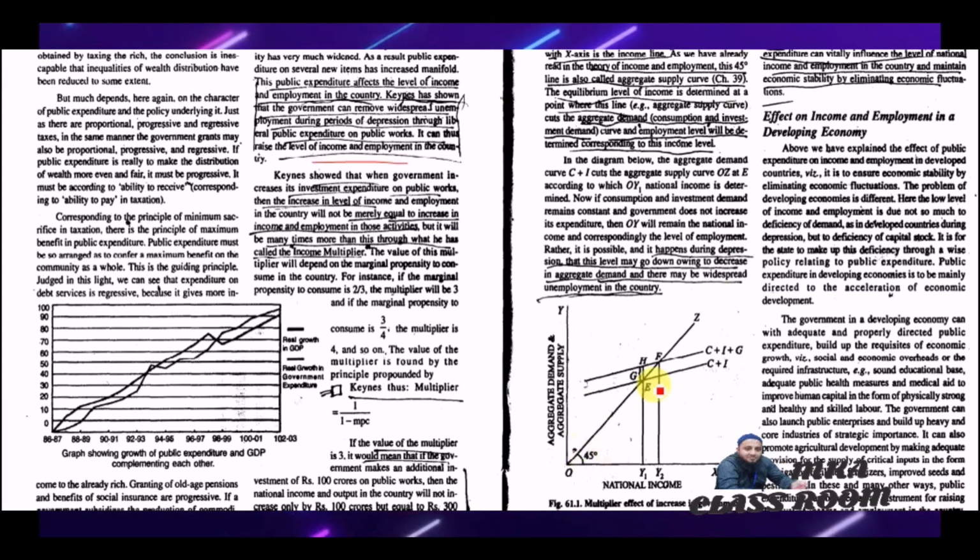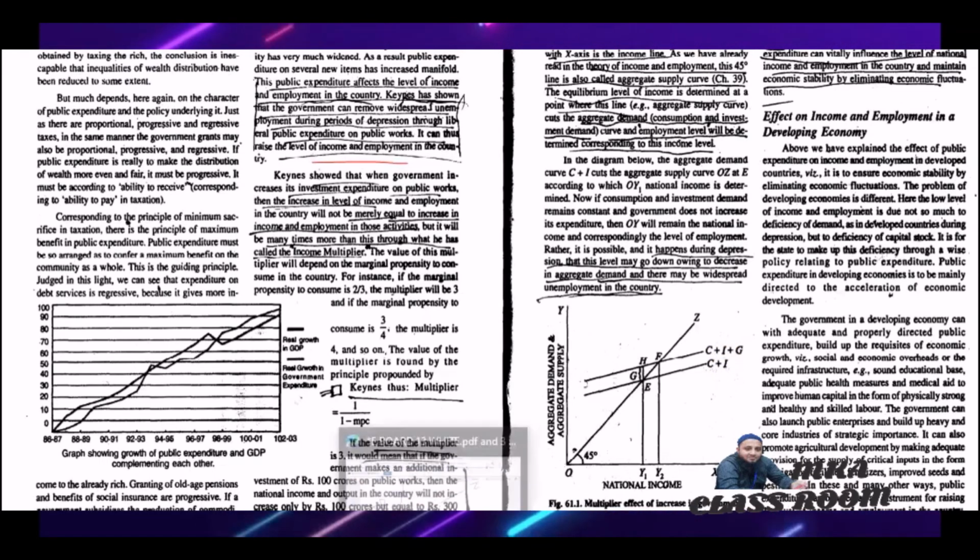We know that if the aggregate demand curve cuts the aggregate supply curve, that is the equilibrium position of the economy. That means where demand equals supply equals national income, or national employment, of the people in the economy.